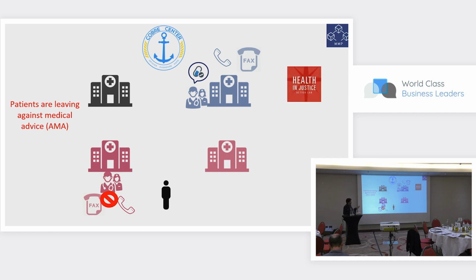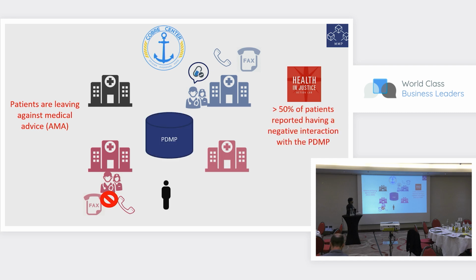And the Health Injustice Action Lab notified that more than 50% of patients reported having a negative interaction with this system through PDMP, which is the state mandated prescription drug monitoring protocol, which designed this system. And on top of that, there is also a lot of stigma associated with patients who suffer from opioid use disorders, just for the sake that they are on these prescription medications.